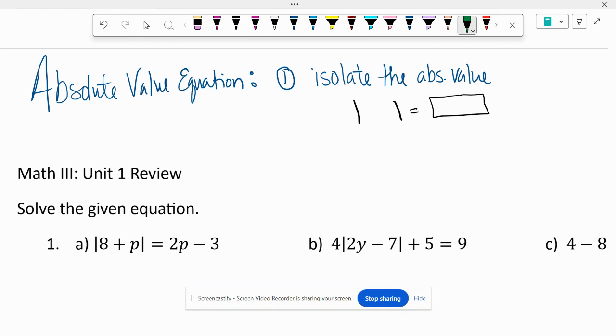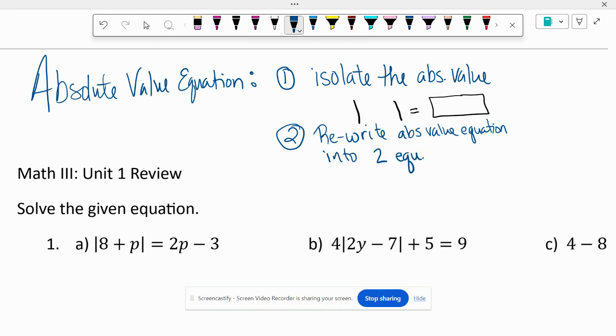Once you do that, and you're going to do that sometimes by using inverse operations, right? You might have to add or subtract, multiply or divide. Once you do that, though, you are going to rewrite the absolute value equation that you have into two regular equations.